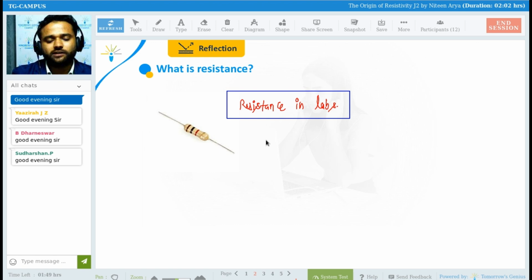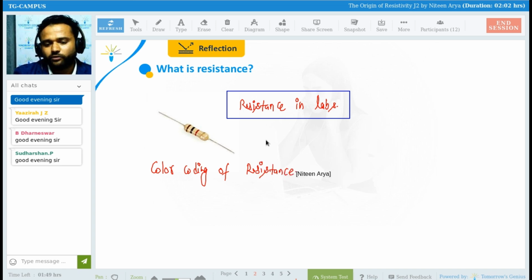In your CBSE syllabus the color coding has been removed, but in this chapter we are going to give you the color coding also. Color coding of resistance looks something like this. In the next lecture maybe you're going to get it. This is brown, black, red.